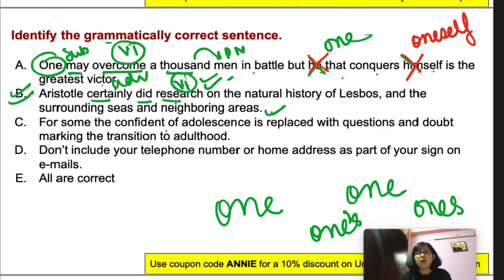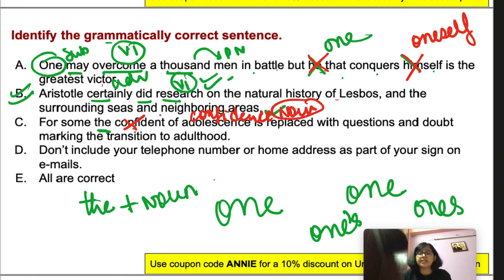For some, the confident of adolescence is replaced with questions and doubt, marking the transition to adulthood. The is always followed by a noun. So here the noun confidence should be used, not confident. Confidence of adolescence.